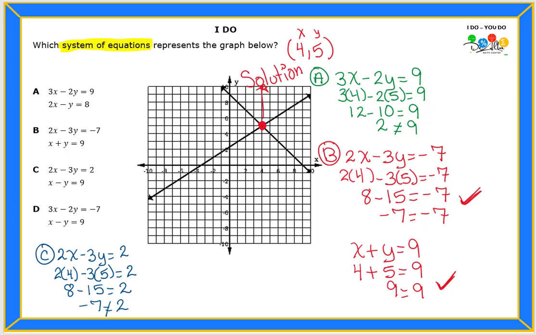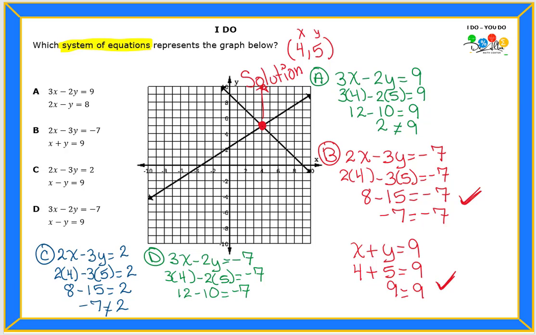Okay? But we can check the next one, letter D. So letter D is 3x minus 2y equals negative 7. So I will replace x with a 4 and y with a 5. Let's see what we get. 3 times 4 is 12, and 2 times 5 is 10.